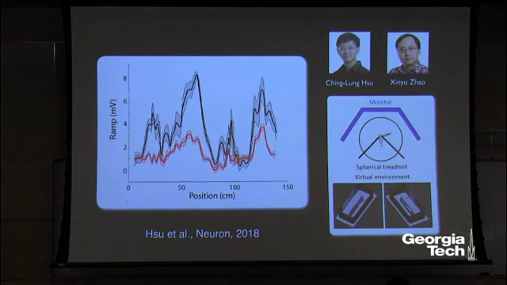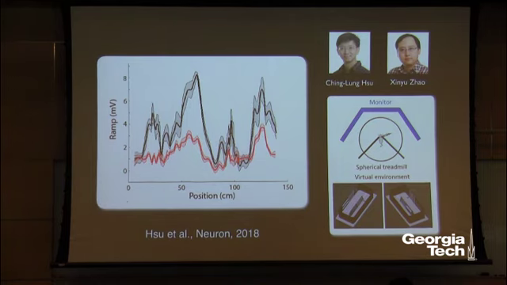By the way, I just want to briefly mention this. I probably don't really have time to go into it in detail. This is published last year, a beautiful project done by another postdoc, Qinglong Xu, showing that these CA1 place cell responses are very voltage dependent. So they're an extremely nonlinear response to the synaptic input.